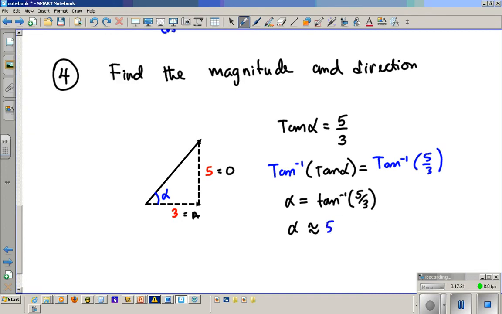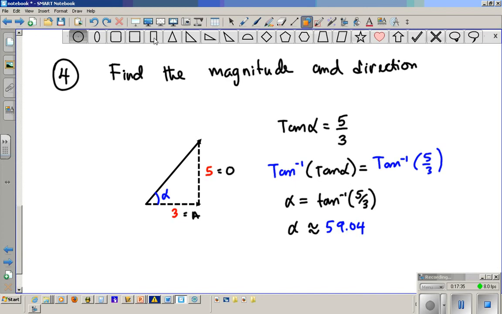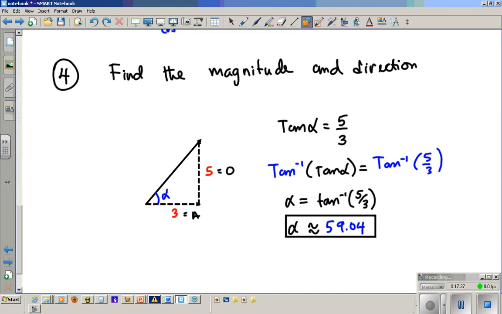Okay, so that's the direction of this angle right here.